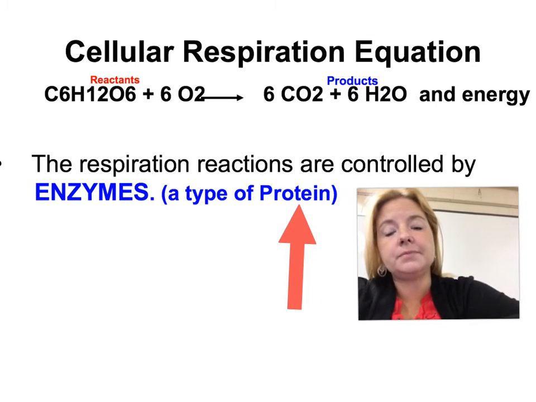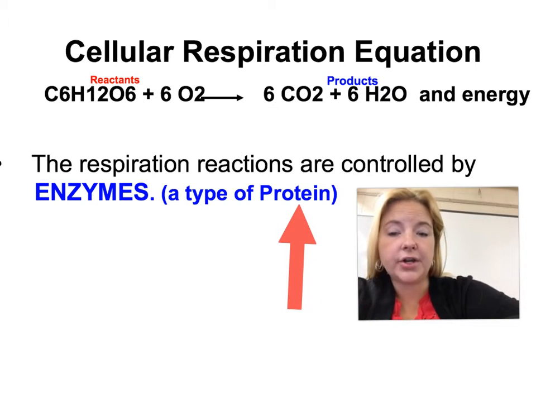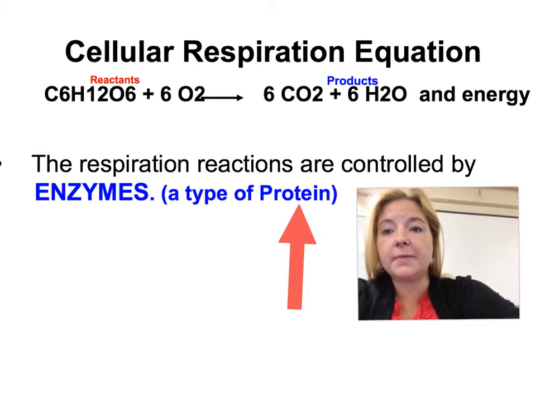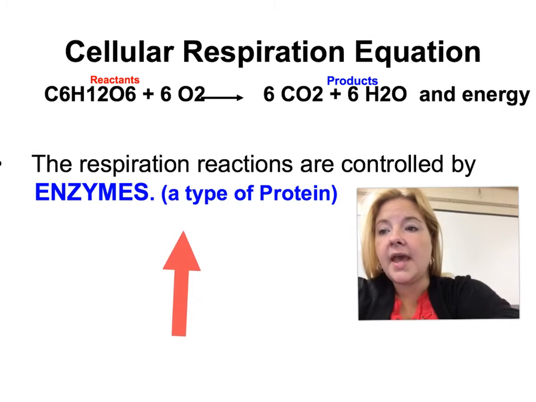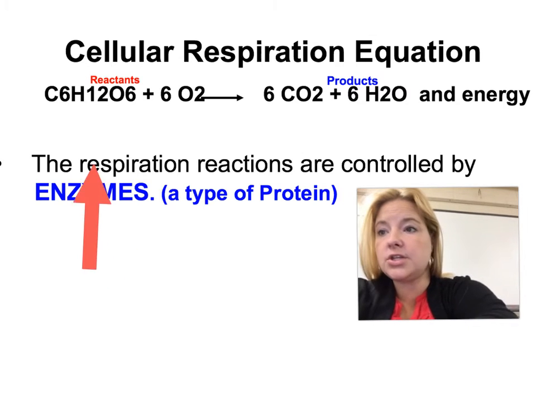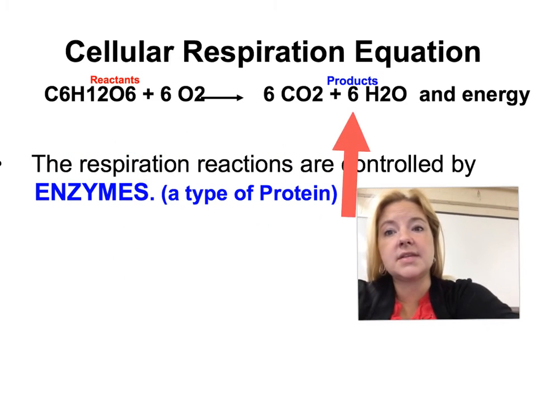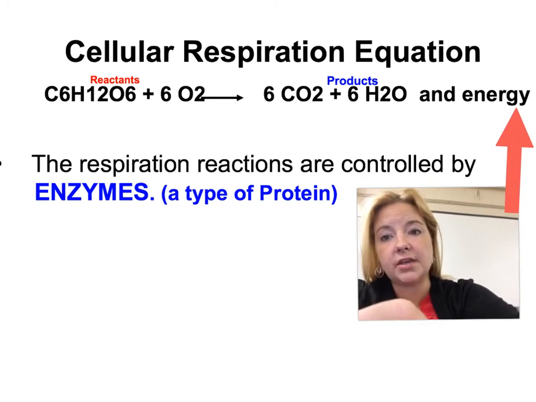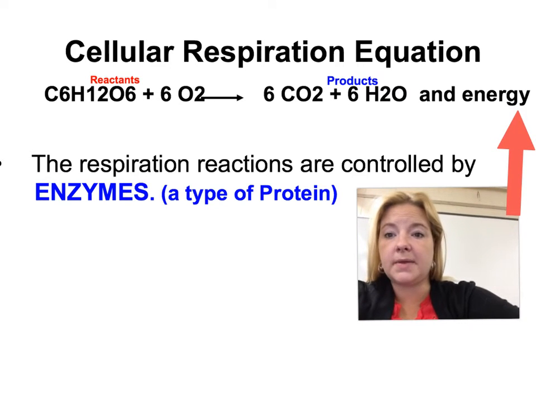So this is why whenever you get a fever, you need to make sure that you're very careful, because if you remember from last unit, enzymes can be denatured or lose their shape due to temperature. And if they lose their shape and your enzymes cannot control the process of cellular respiration, this entire process here to get energy for your body is not going to be able to occur.